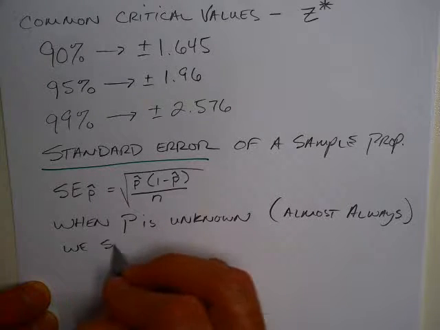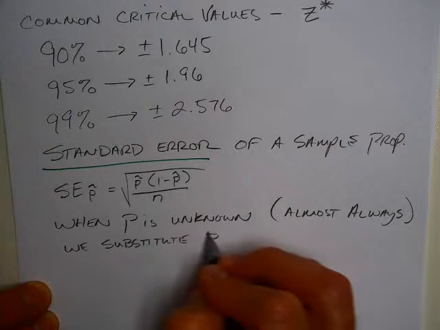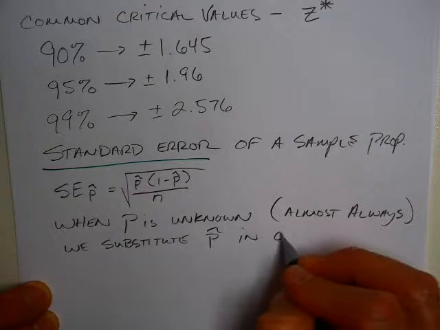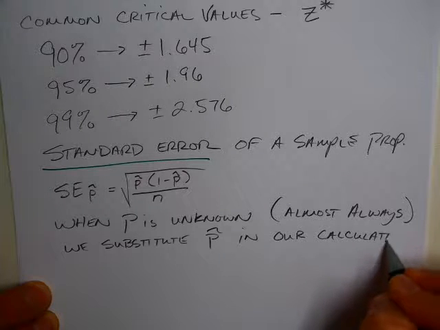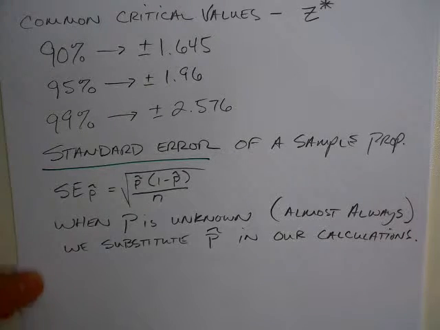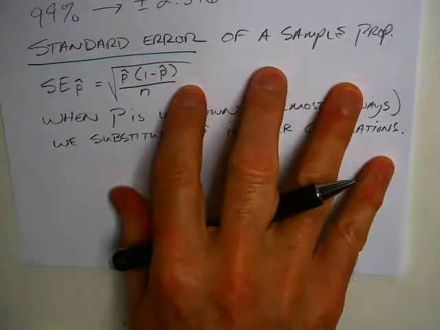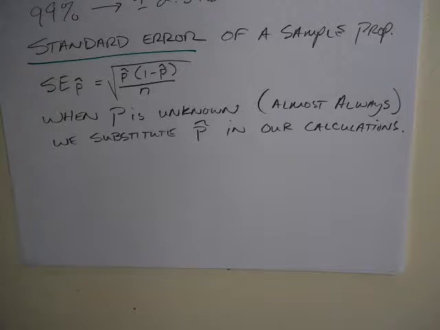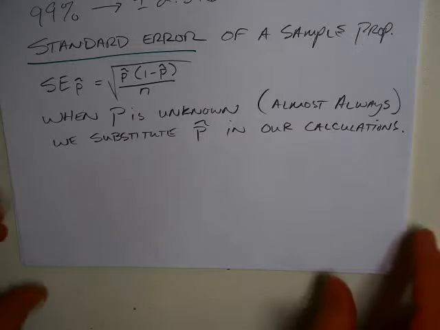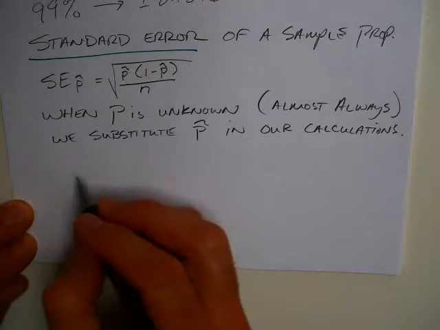Or how about we substitute? So far so good? So now we've eliminated one thing. We don't have to identify p anymore. You don't have it. You get to figure it out.